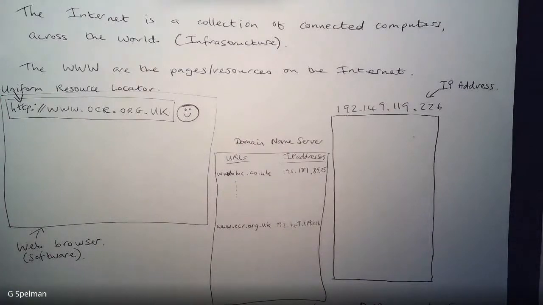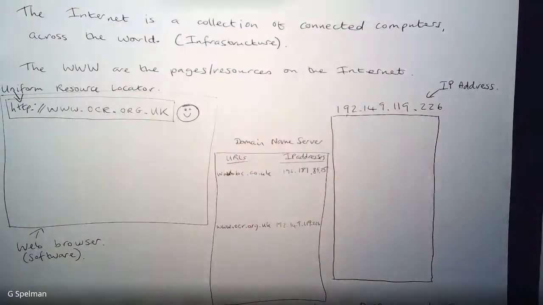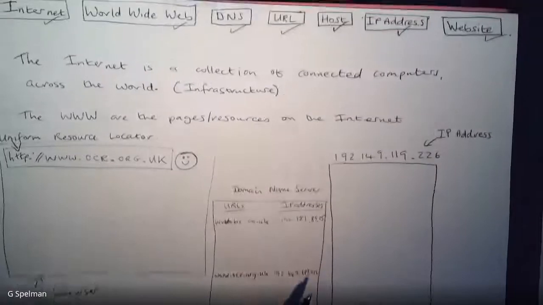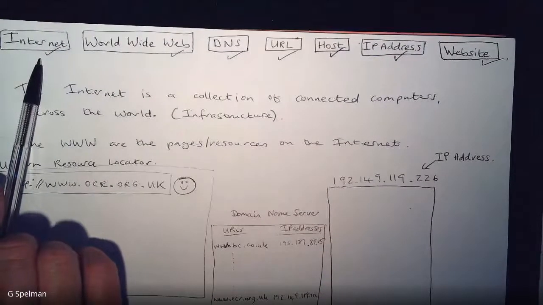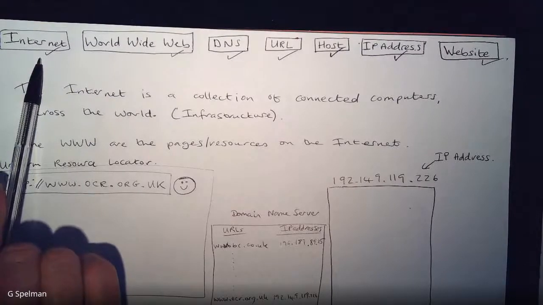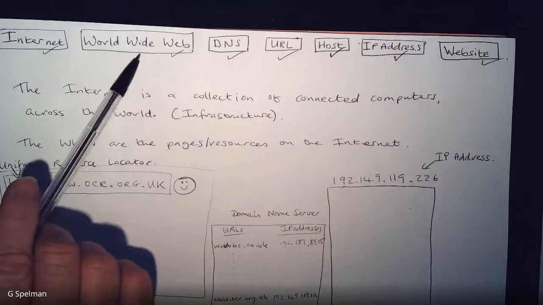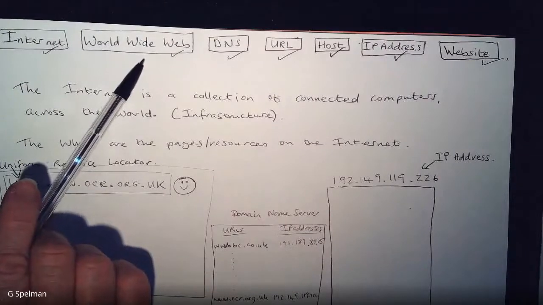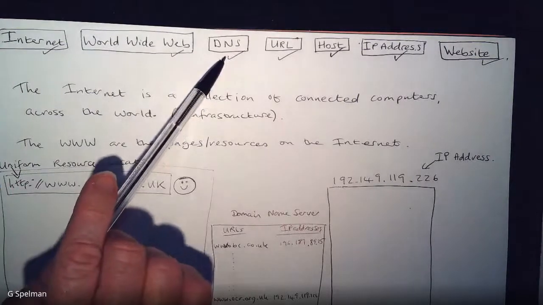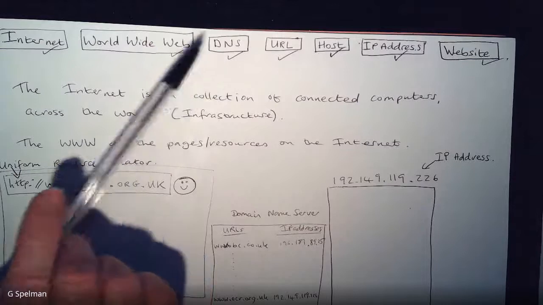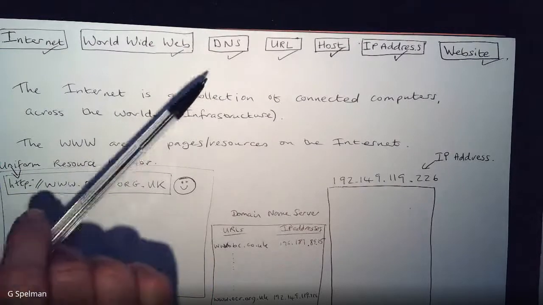Okay, so in this short video, we have looked at the internet being the infrastructure of connected computers across the world, which underpins the World Wide Web, which is pages of useful resources. We looked at domain name service, allowing us to convert URLs to IP addresses.